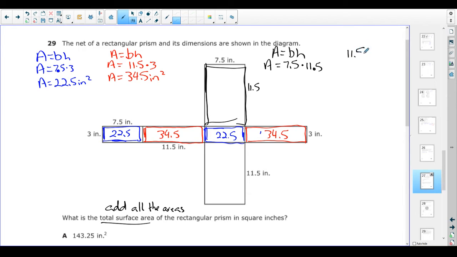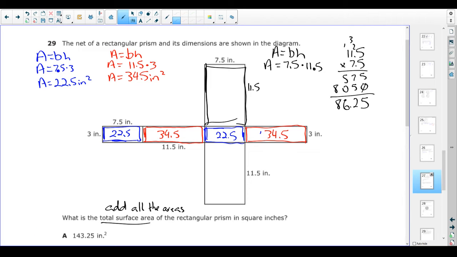I don't know what that is off the top of my head, so I can multiply this out. 11.5 times 7.5. 5 times 5 is 25, 7 times 5 is 35, 33, and 8, oops, 86.25.